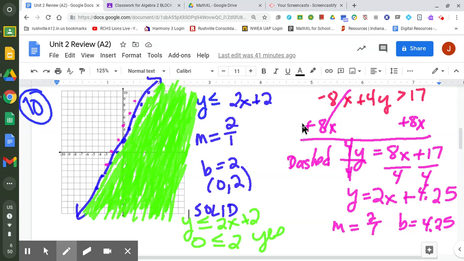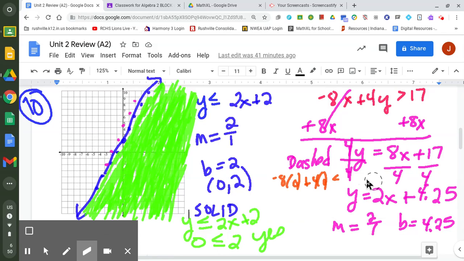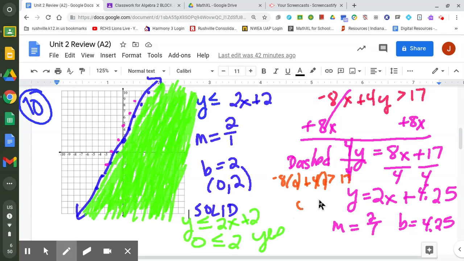And if I put the original, let's see, we'll do this color. So the original inequality, if I put a 0 in for the x and a 0 in for the y, 0 greater than 17. So is 0 greater than 17?